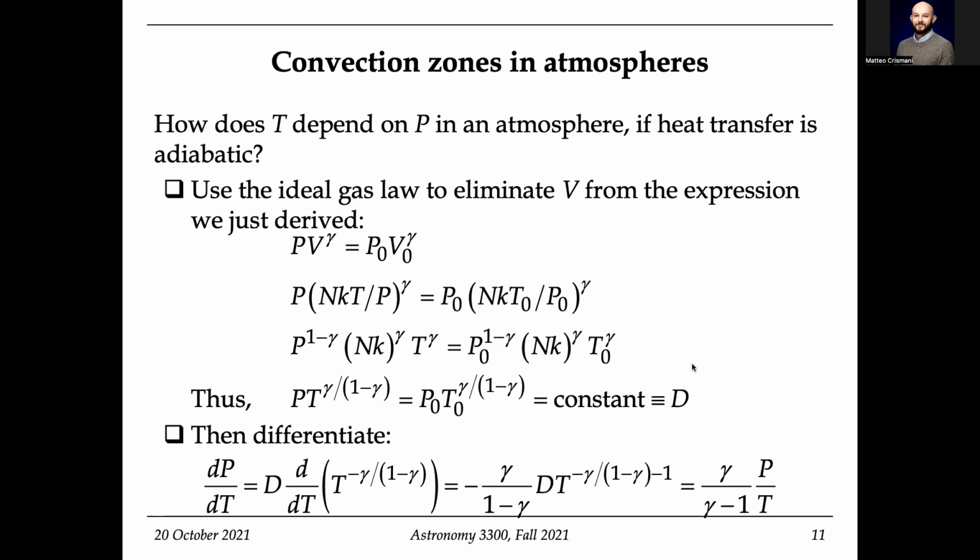So let's apply this everywhere. I have a minus 1 down here that I'm going to pull out. So this is P divided by P to the gamma. How do I write that?